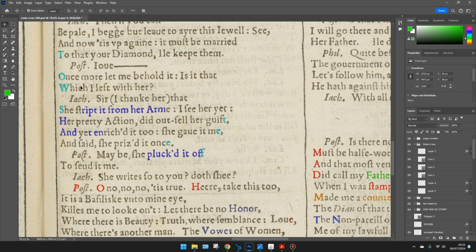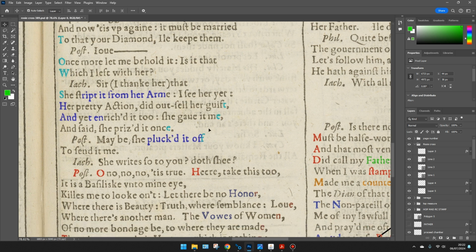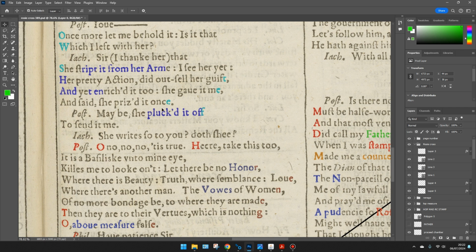So all we see here is one acrostic and one telestic leading us down the page, and it says plucked it off. Now, just like it says here, ripped it off her arm, which didn't make sense, but now plucked it off.